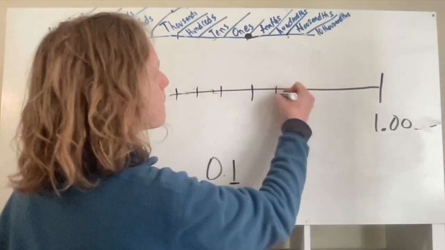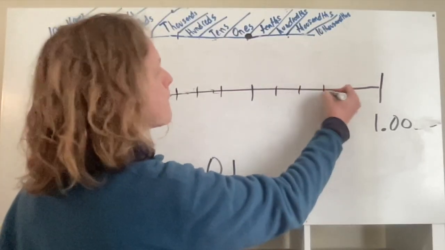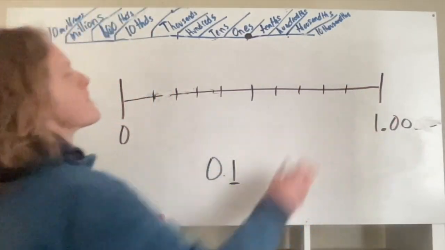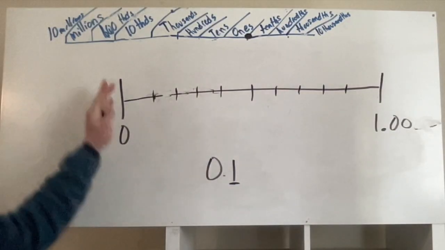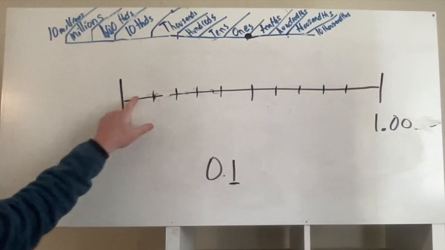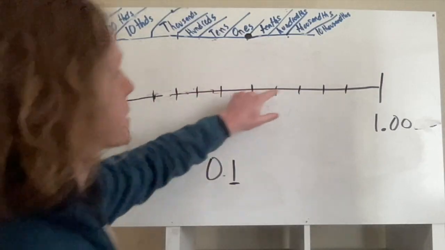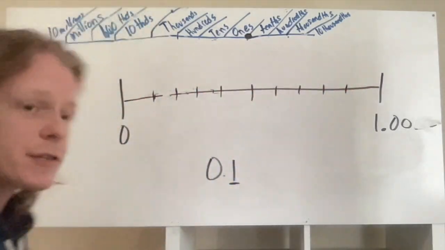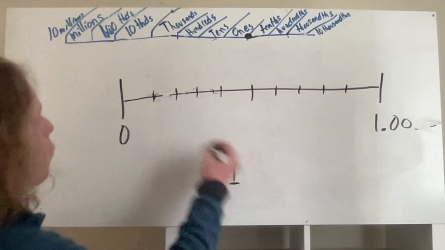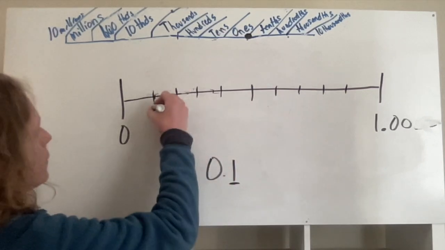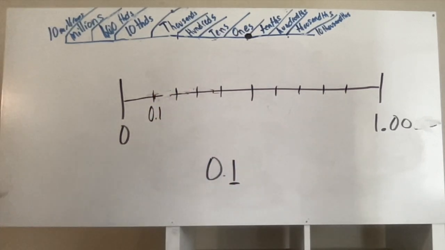Okay, so notice now I've broken it into 1, 2, 3, 4, 5, 6, 7, 8, 9 tenths, right? So 1/10 would be right here, okay?